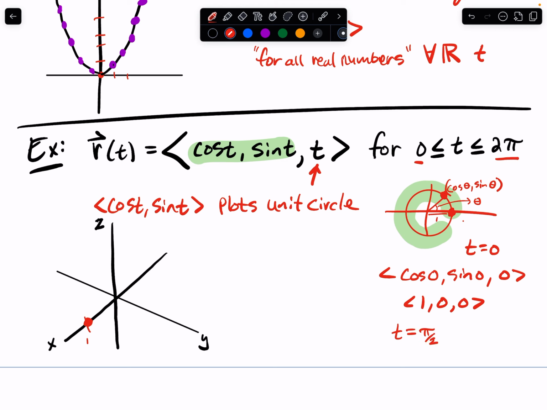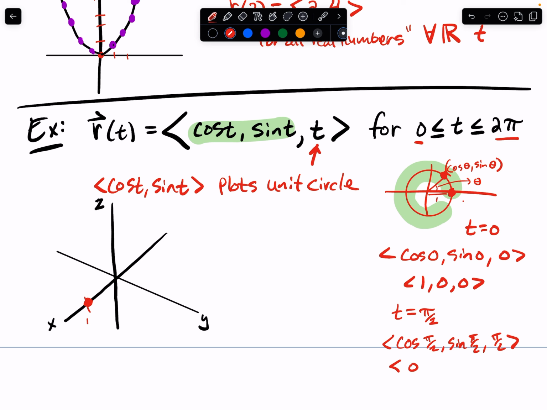Okay, so that's going to be this angle right here going to the y-axis now. That gets us cosine pi over 2, comma sine pi over 2, comma pi over 2, which gets 0, 1, pi over 2. So now our x is 0, so we're on the y-axis.